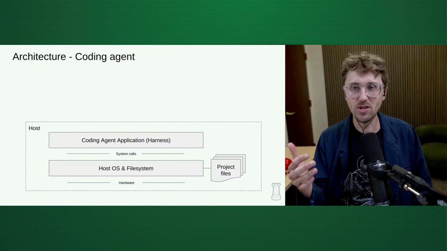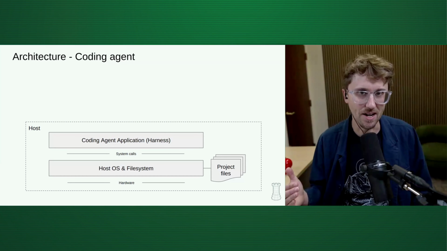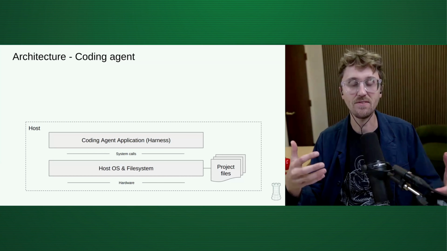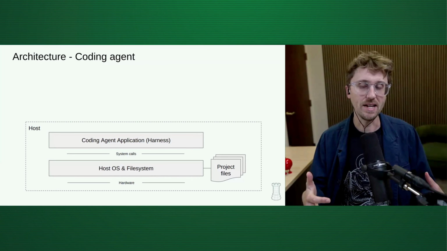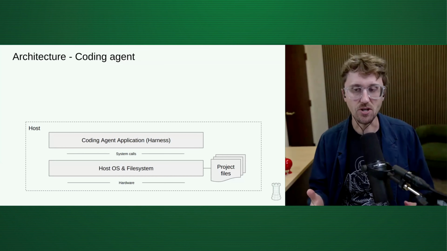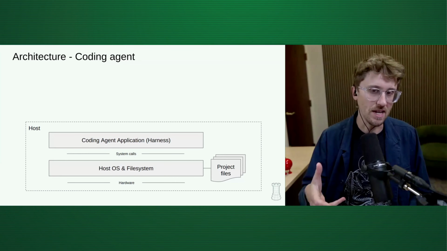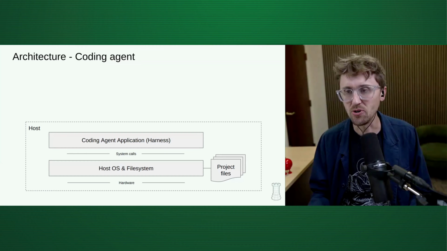Specifically, like with Claude Code, there's a claude.md file, there's a .claude folder in the project. It's interacting with those project files. It's saving things to memory as the project updates. And it's generating new code. It's executing new code. All of those are file artifacts that the agent is generating. So this is what's happening on the host.